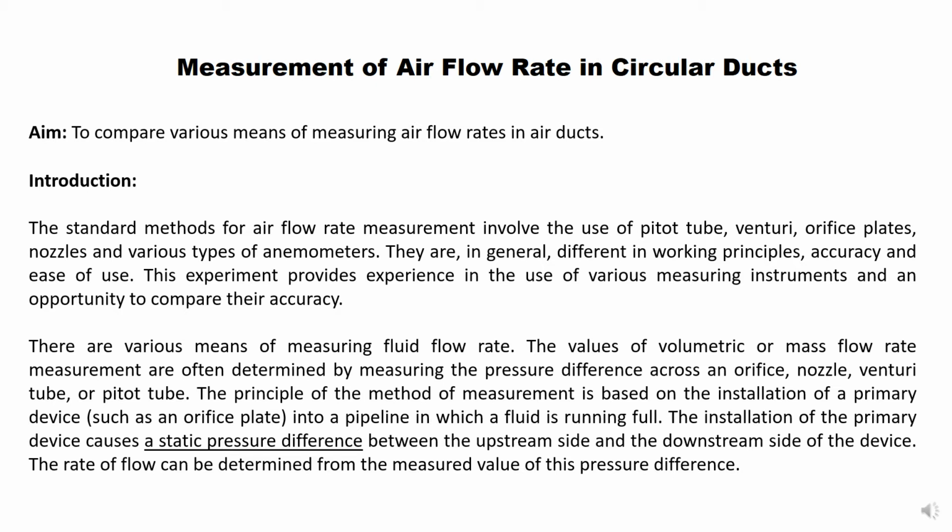The principle of the method of measurement is based on the installation of a primary device, such as an orifice plate, into a pipeline in which a fluid is running full. The installation of the primary device causes a static pressure difference between the upstream side and the downstream side of the device. The rate of flow can be determined from the measured value of this pressure difference.